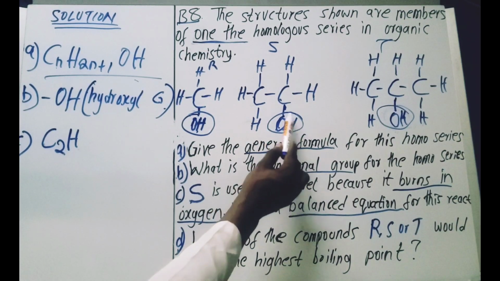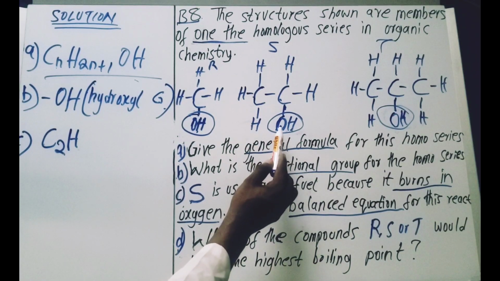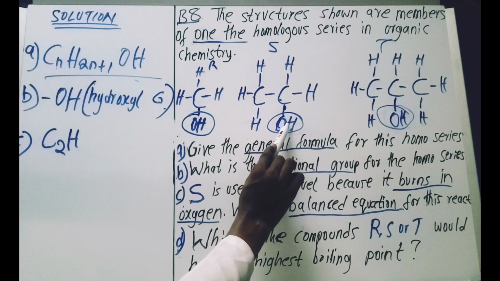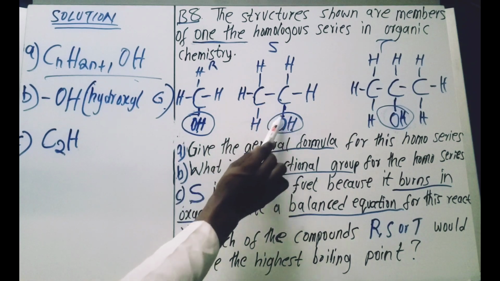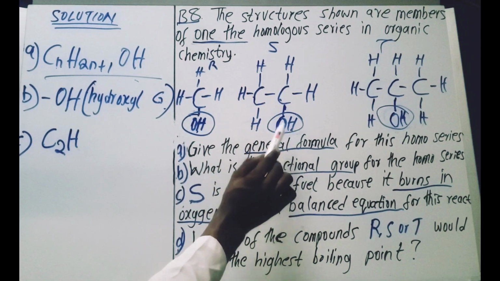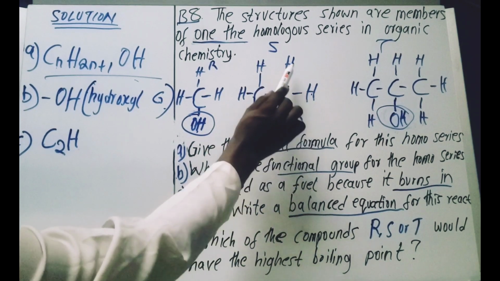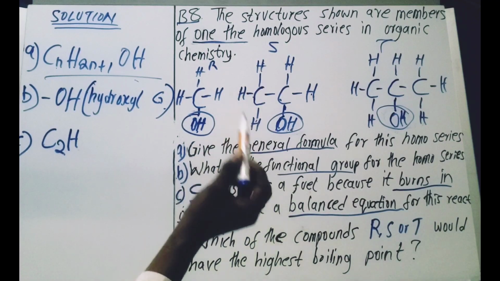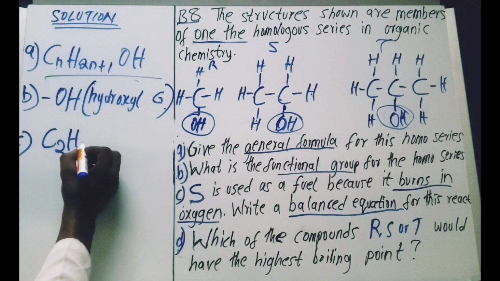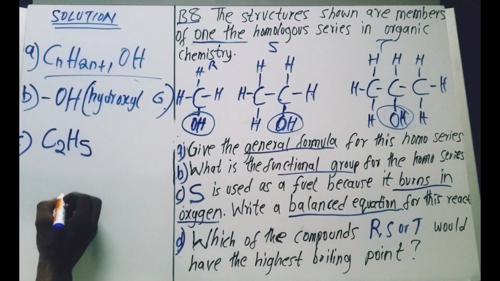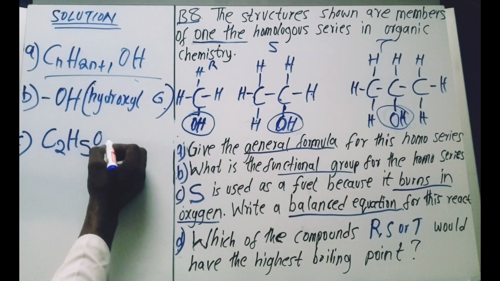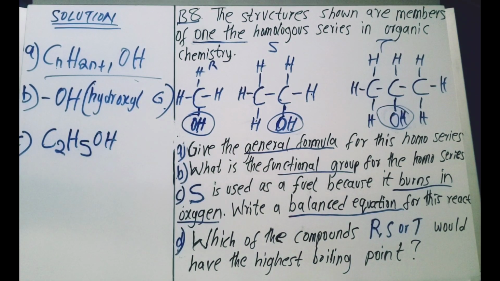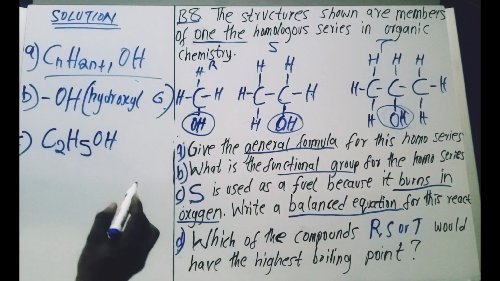They just exist when they are combined. So you cannot separate them. Meaning when we are counting the number of hydrogens, you leave this alone. You count the rest. It is 1, 2, 3, 4, 5. So it's going to be C2H5 here. And then you include this OH. So this is how we derive it.